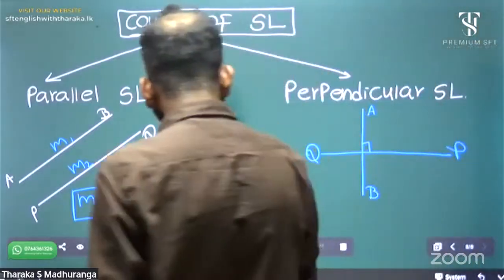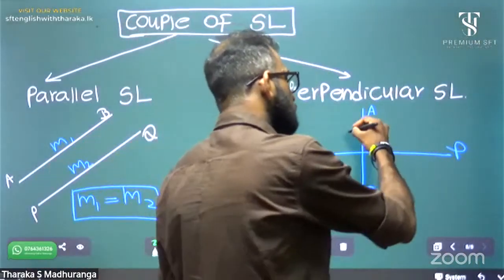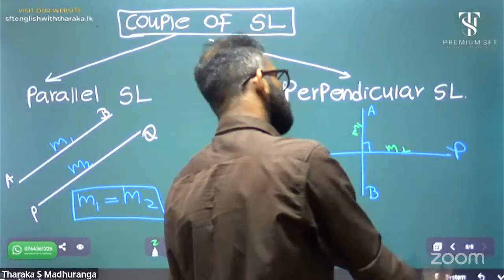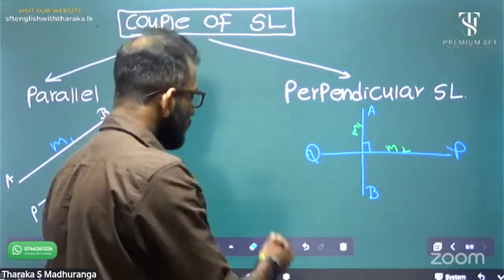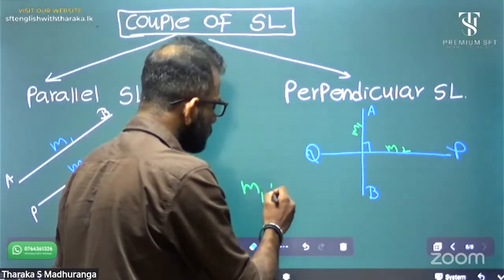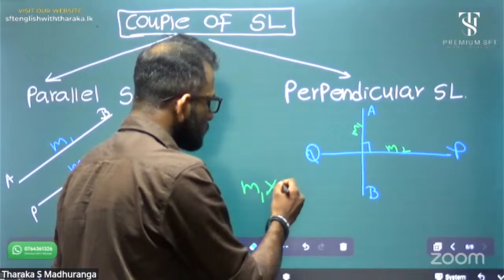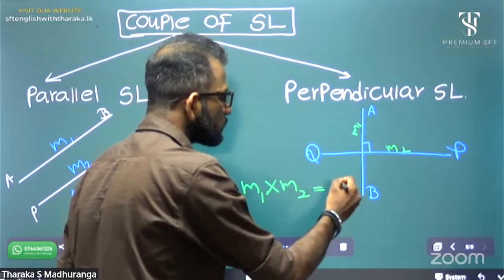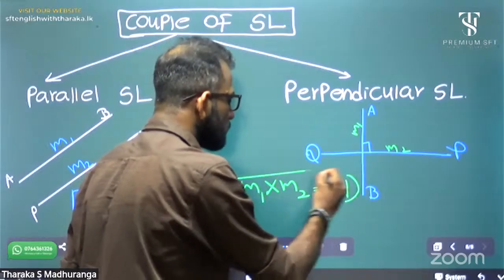If they are perpendicular, think AB gradient M1 and PQ gradient M2. If you multiply M1 into M2, remember the value equals -1.